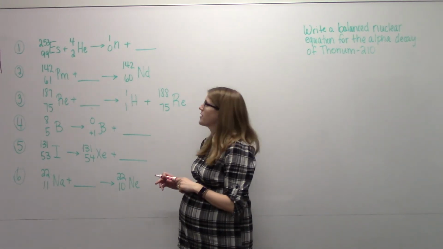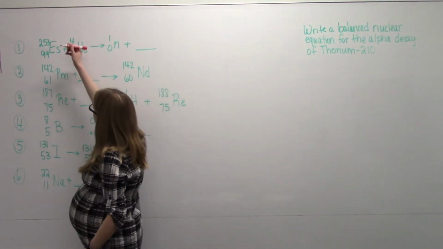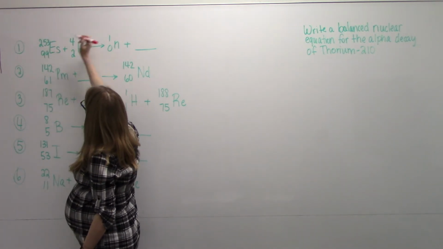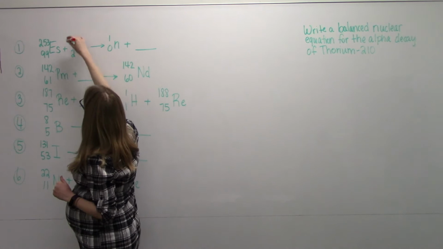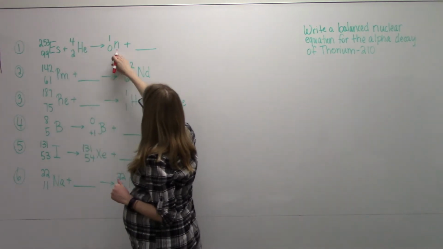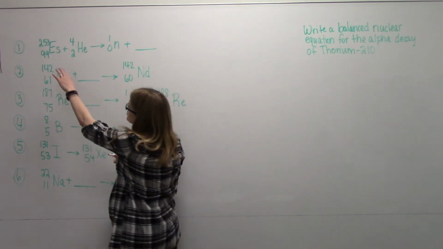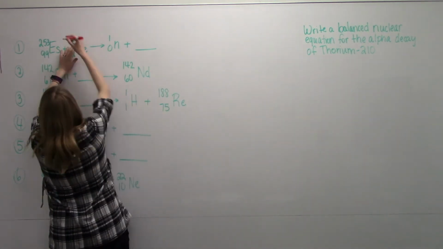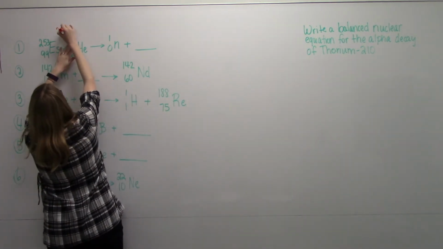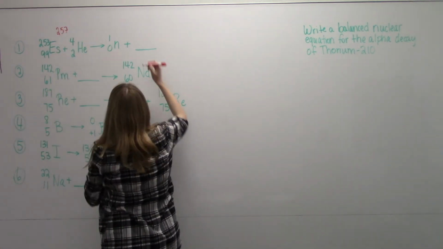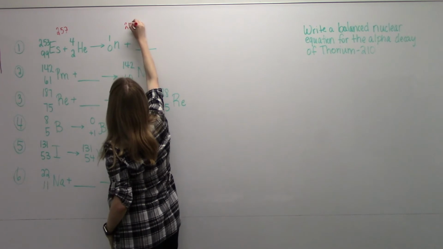So let's get started. For this first one, we have 253 Es 99 plus helium. This is an alpha particle, yields a neutron, and we've got to figure out what's in the blank. So 253 plus 4 is 257. That means this side has to equal 257 on the top as well.